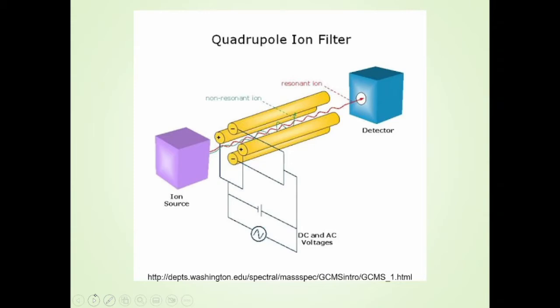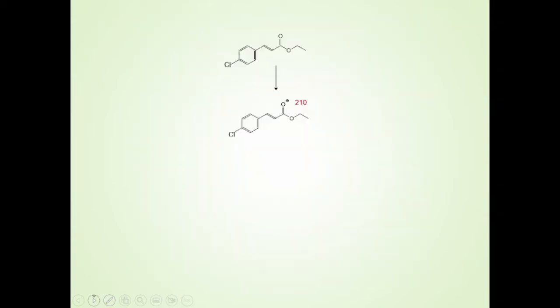And the path from the ion source to the detector is short enough, and the fragments, the ions are moving fast enough, we can scan a range of about 50 to 400 about 3 times a second. So we don't have to dwell at any one mass, but we can then scan, and that's how we get the mass spectrum.